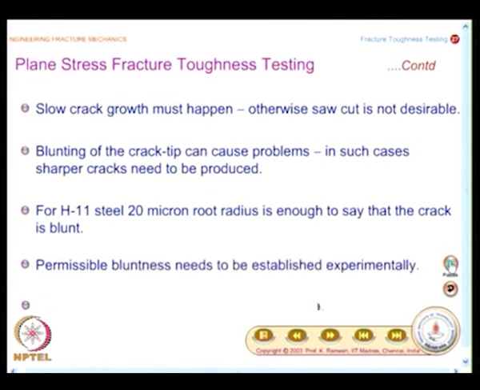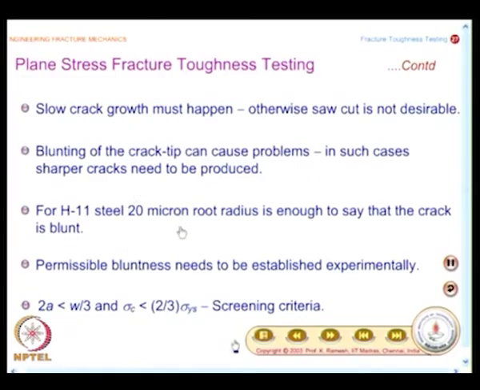So, what is observed in the case of H11 steel is a 20 micron root radius is enough to say that the crack is blunt. We have said blunting should not happen, you need to have a sharper crack, and you have a definition of what is considered as blunting.